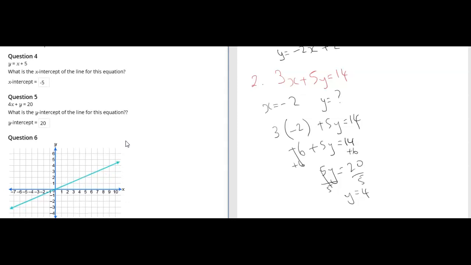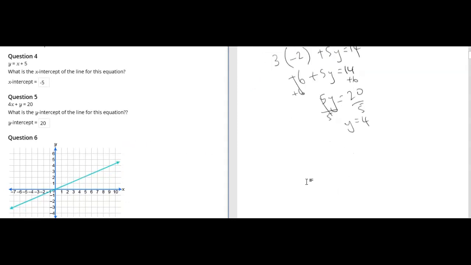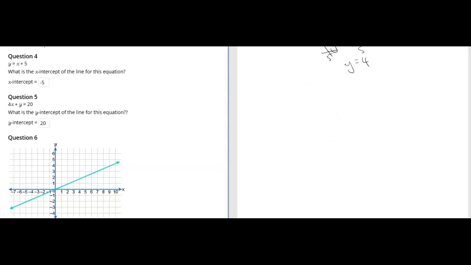All right, question 4, y equals x plus 5. What is the x-intercept? We can read straight from an equation what the y-intercept is, which is the constant term. In this case, the y-intercept is 5, but it's asking us what the x-intercept is. Our equation is y equals x plus 5.